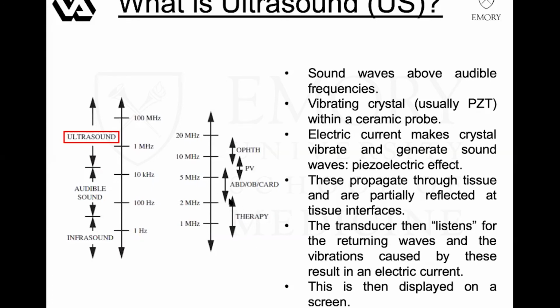Some abdominal and cardiac probes go between 2 and 5 megahertz. Vascular probes are usually 4 to 6 or 7 megahertz. Ophthalmic probes are 10 megahertz. Your intravascular Eagle Eye IVUS probe is 20 megahertz. The HD IVUS probe is 45 megahertz. That should give you an idea of where all these ultrasound transducers lie in terms of their frequency. The TEE probe generally is in the range of 8 to 10 megahertz.